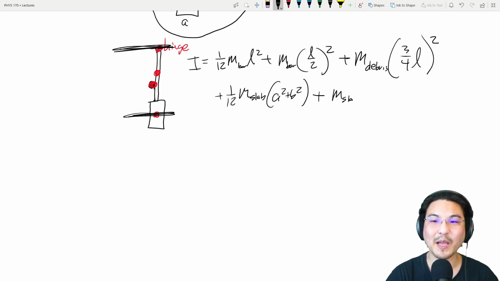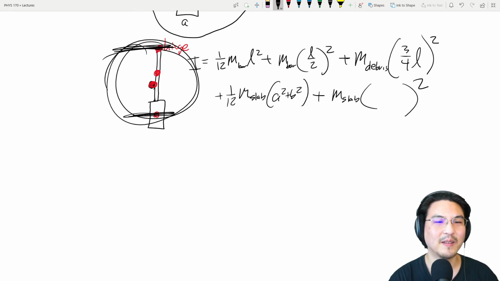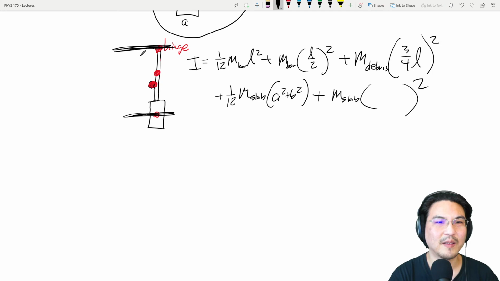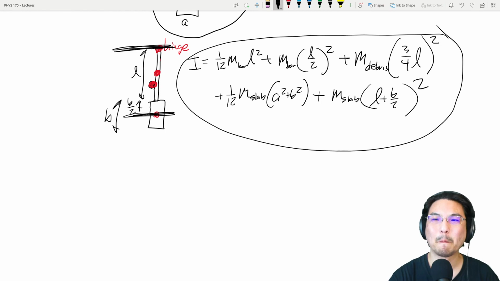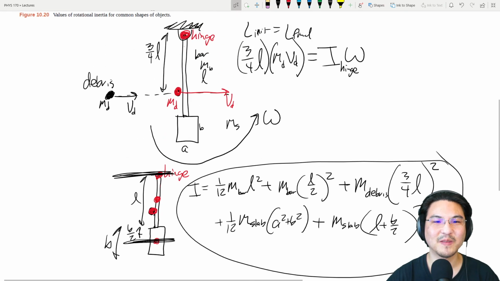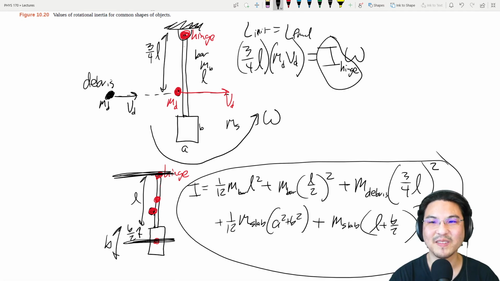The mass of the slab times this distance squared. So how far is that? Here to here is L. Here to here is b. So here to here is b over 2. L plus b over 2. So all of this is the moment of inertia of the wind turbine blade with the debris stuck to it about the hinge.